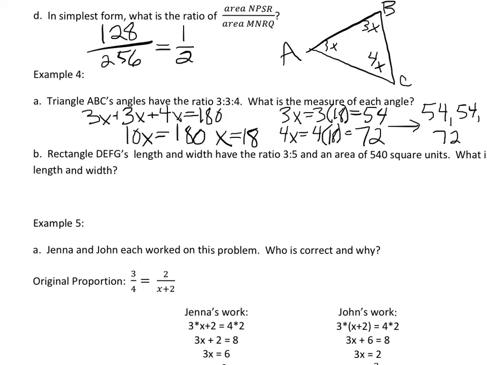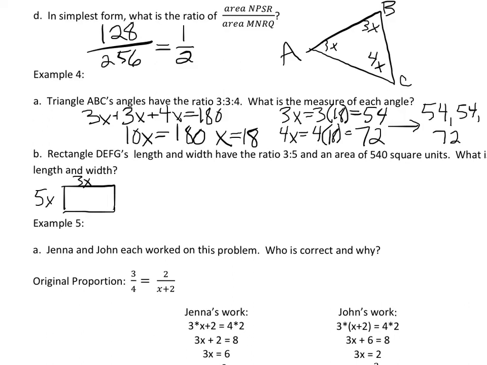The next question is: rectangle DEFG's length and width have the ratio 3 to 5 and an area of 540 square units. So what is the length and width? Once again, we draw a picture. We have this rectangle, and the length is 3x, and the width is 5x.